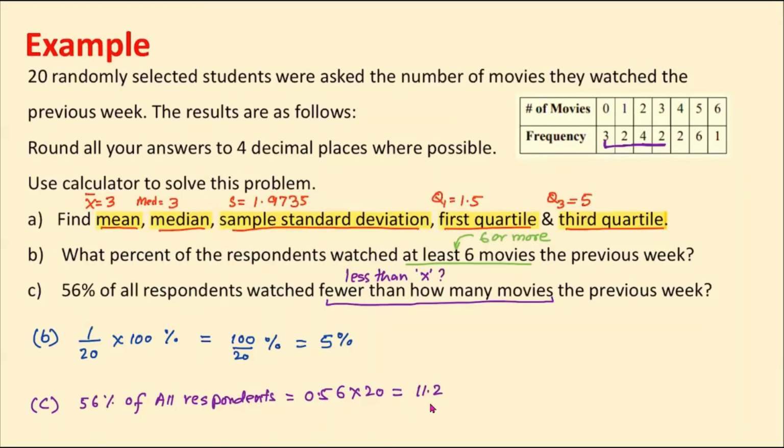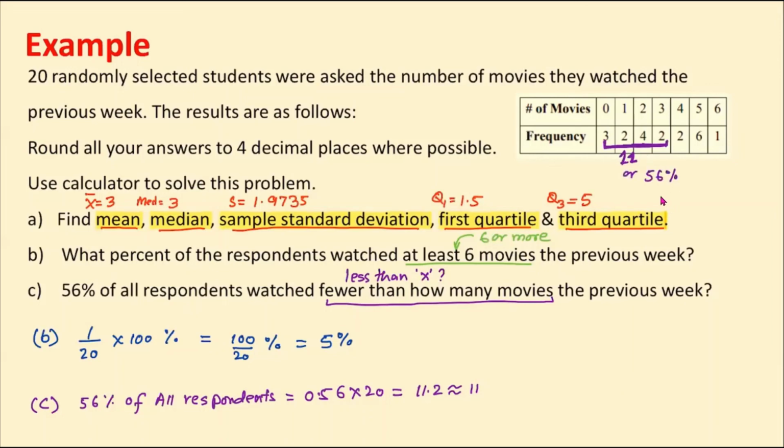But here we have 11.2, 56% is 11.2, which is approximately 11 students. Okay, 11 students. So 3 plus 2, 5 plus 4, 9 plus 2, 11. So this much students will be 11, or you can say this is 56%.